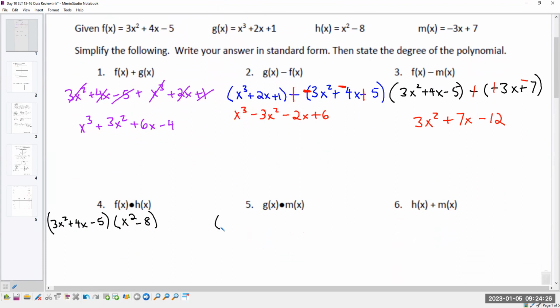I've got g of x times m of x. I've got h of x. I don't really need parentheses here. Plus m of x. Okay.